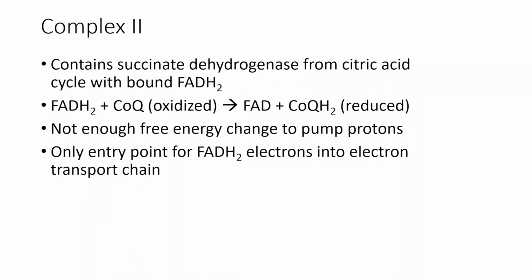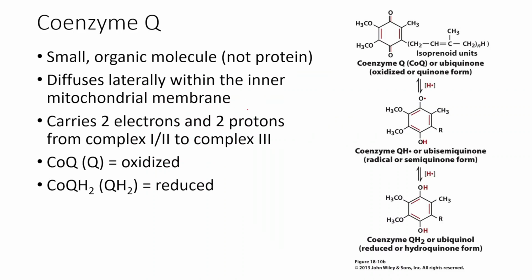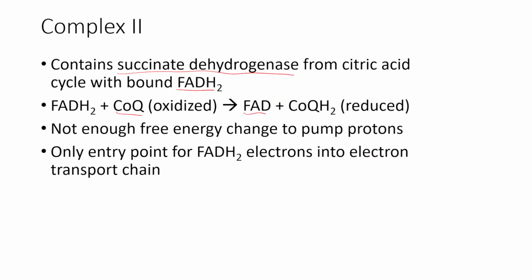Complex 2, like we mentioned, is where FADH2 is going to enter the electron transport chain. And complex 2 contains that succinate dehydrogenase from the citric acid cycle that has that bound FADH2 in it. So the FADH2 is again going to be passing off its electrons to an oxidized coenzyme Q to help regenerate oxidized FAD and to generate a reduced coenzyme Q. This process of transferring the electrons from FADH2 to coenzyme Q doesn't generate enough of a free energy change to actually pump any new protons from the matrix to the intermembrane space.